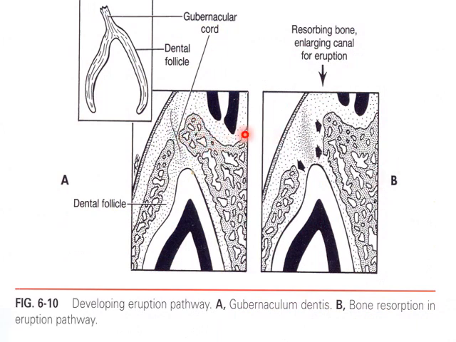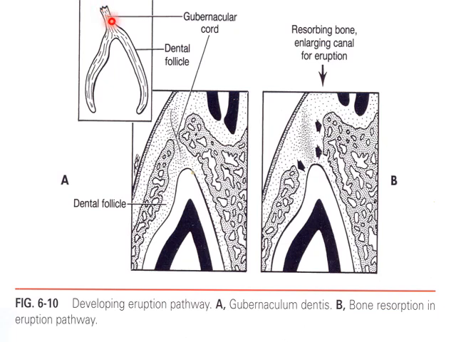This drawing shows the same histological picture which was discussed previously. This is the gubernacular canal, and this is the gubernacular cord, which represents the dental follicle fibers with the epithelial cell rests of Serres.